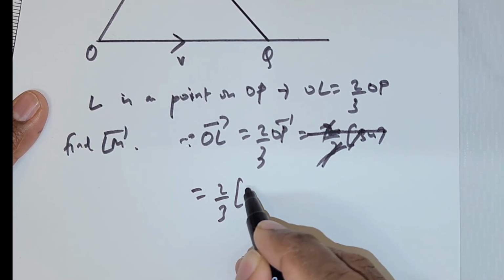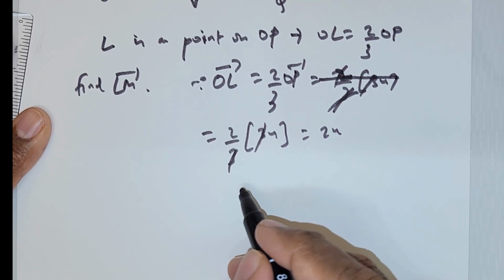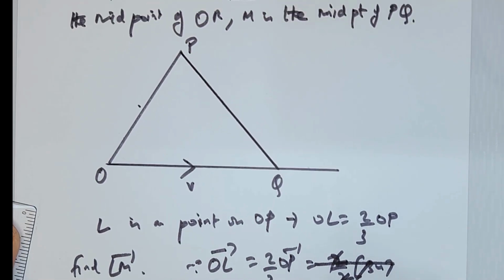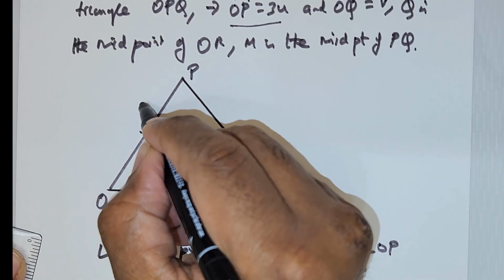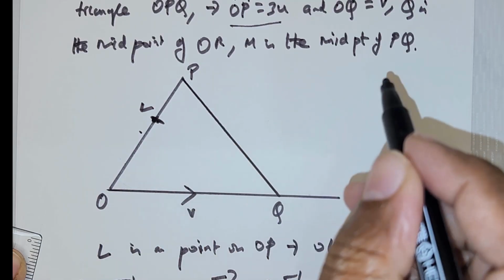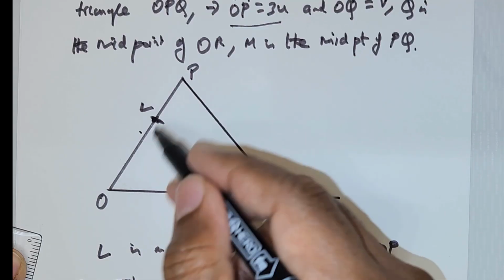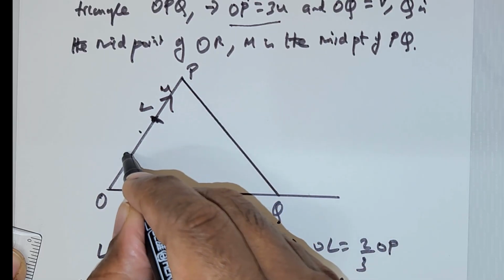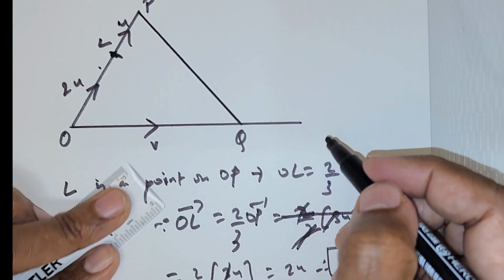So 2 over 3 of 3 times of U, 3 gets cancelled, giving you 2 times U. So therefore OL vector is 2 times U. So if I take this point as say L, out of this entire region, this region is going to be my u vector, and this region is going to be 2 times u.